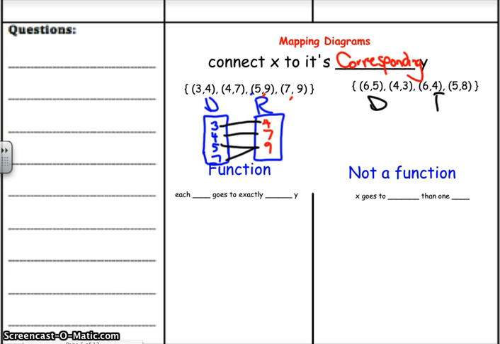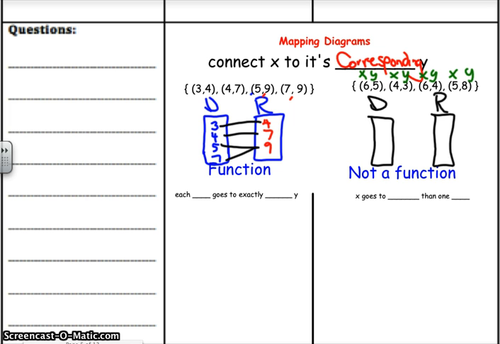Okay, I want you to do the next one. Domain, range, rectangular box. And I want you to list out the domain and range and map them, connect them. So again, domain are my x's. Domain, ladies, are my x's. A point is an x and a y, an x and a y.